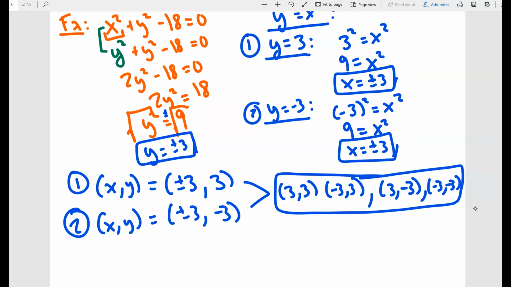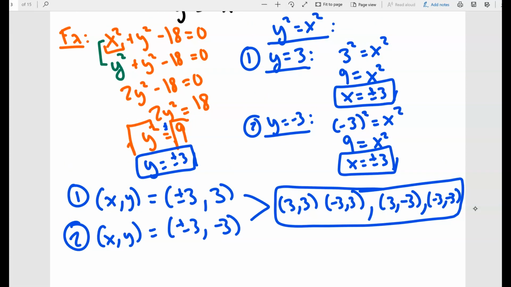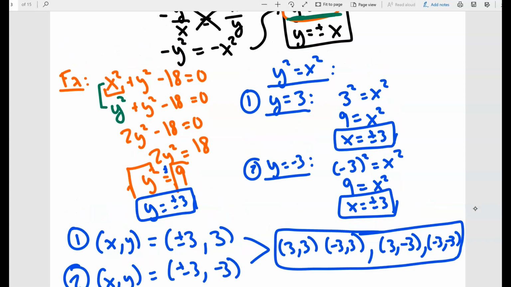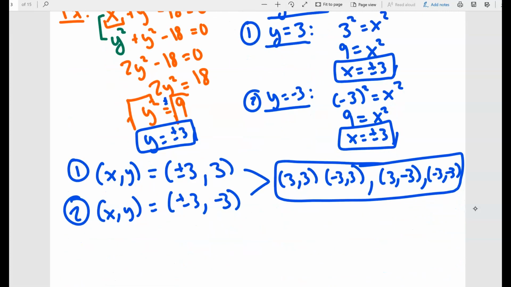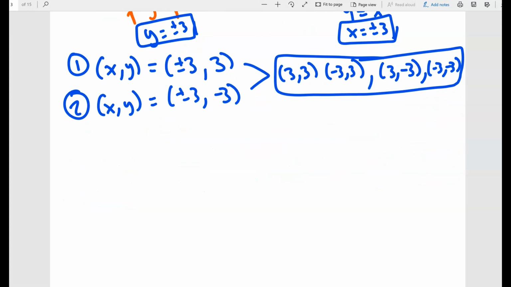Now what I want to do is figure out what my maximum and minimum values are, because I already figured out what my x's and my y's are. So all I've got to do now is step 3, which is plug in.